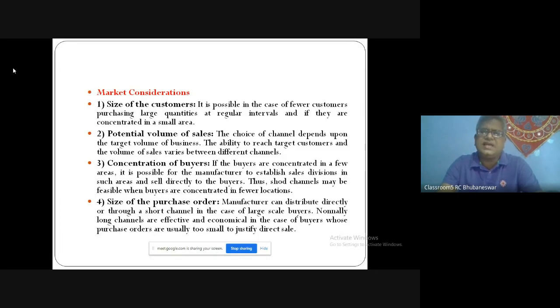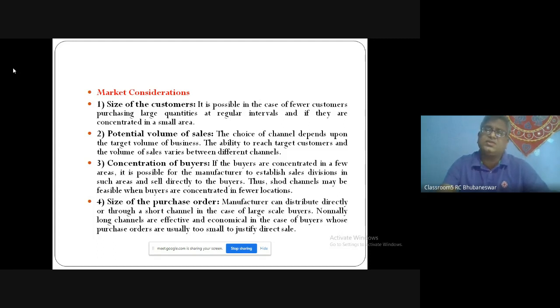And the potential of sales: sometimes there is a target customer, a target business, and reaching the target can vary across different channels. Some buyers are concentrated in a few areas, where a manufacturer can establish a sales division and sell directly to the buyer.